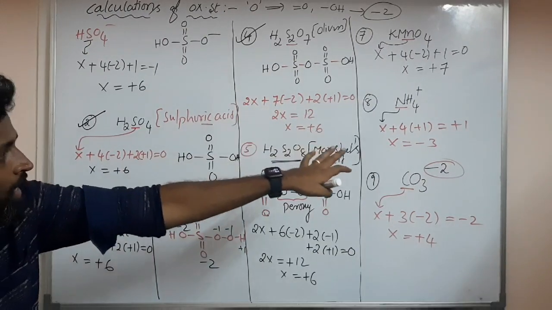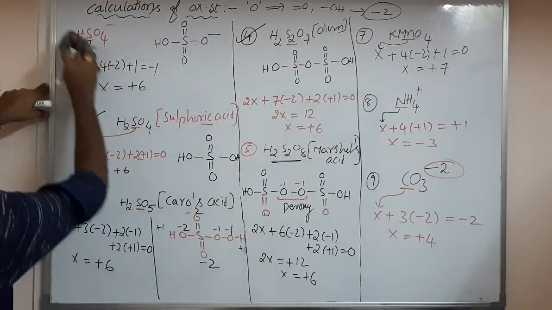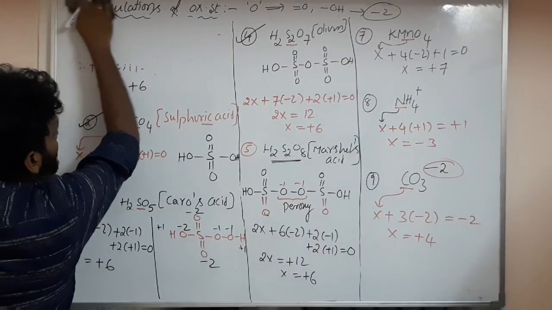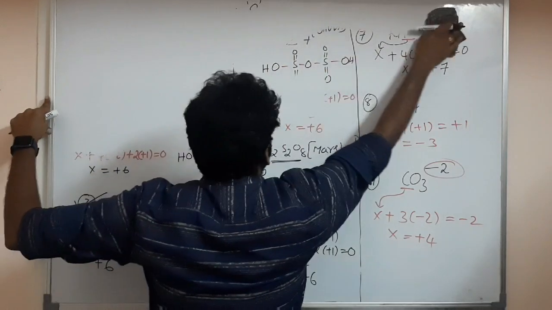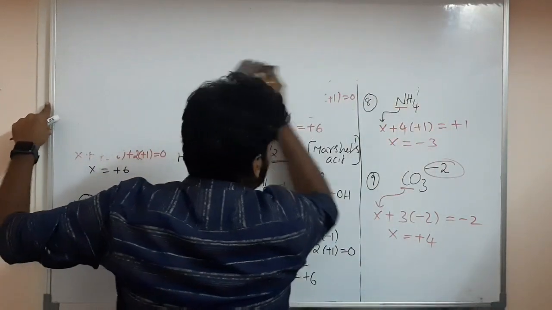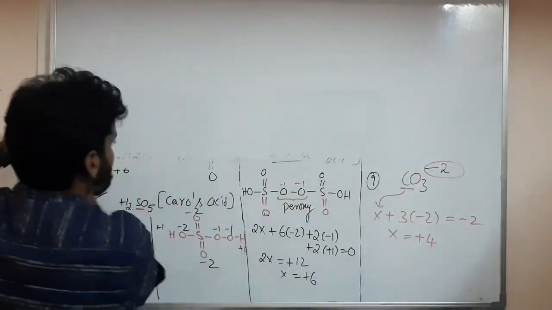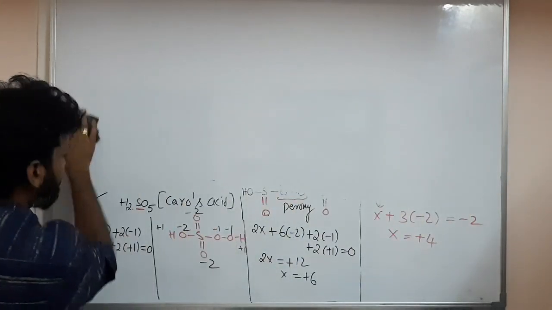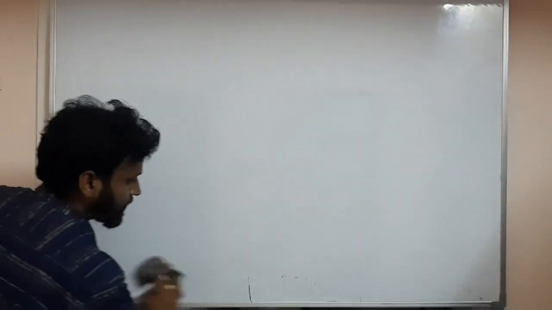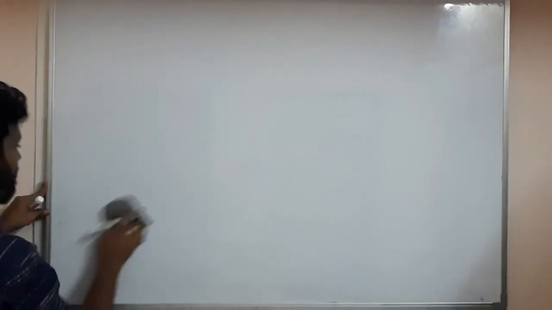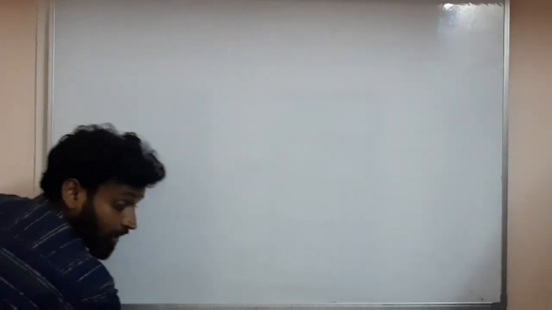I have given KMnO4, NH4 plus and CO3 -2. Okay, next I'll give you a few more examples. Please remember all this and try some more examples of how to calculate oxidation states, because if you know oxidation states, many topics you can understand further in P block, complex compounds and D block, all those. Okay, you can understand easily.